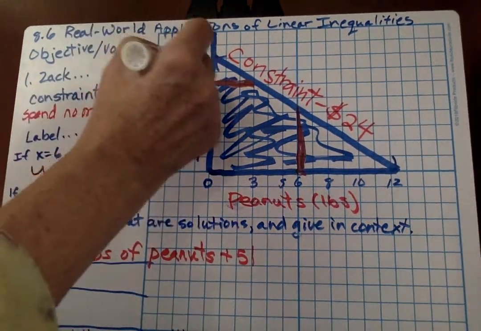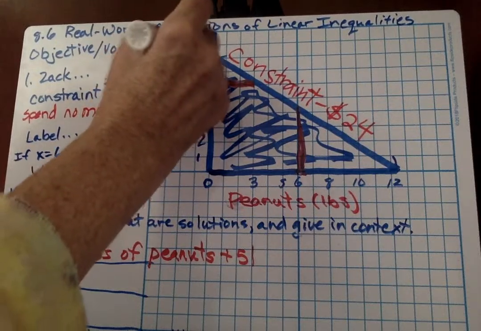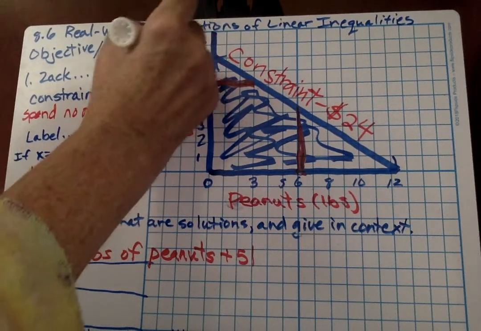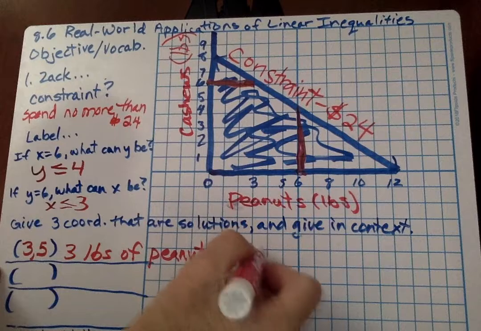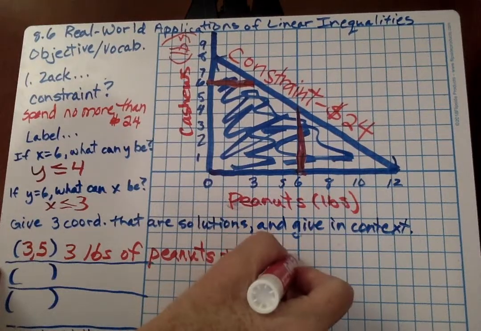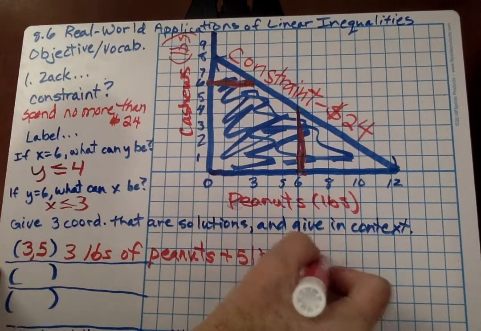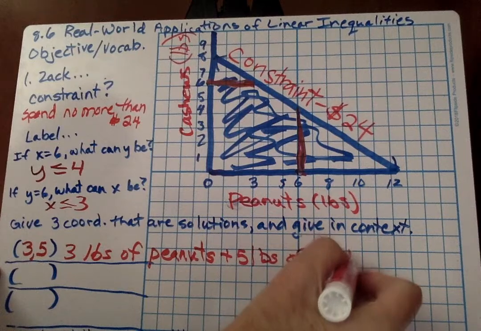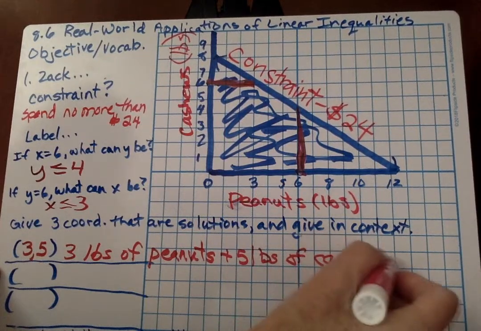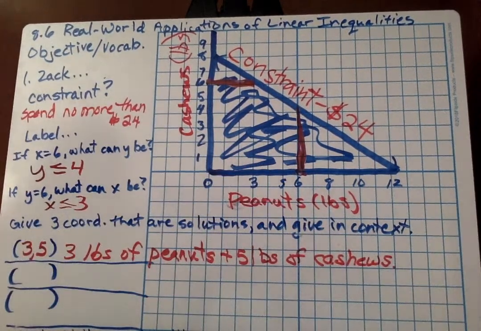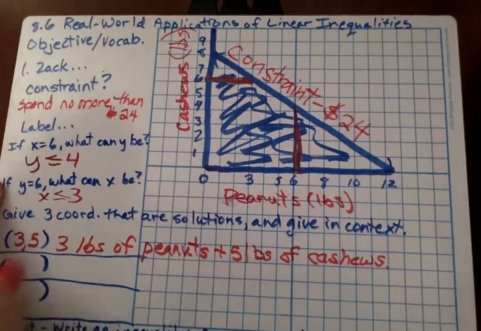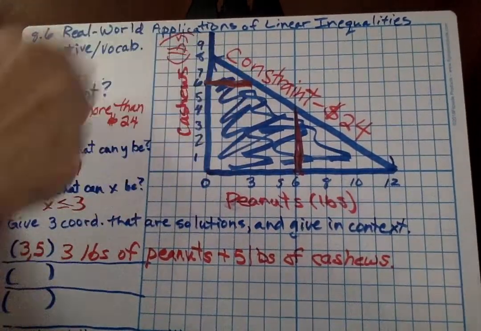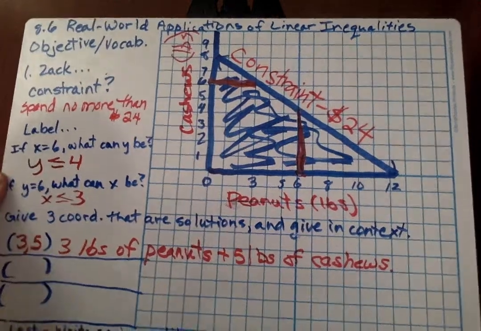Oh, I should have put pounds over here. LBS. Can you write sideways? Okay. Do you think you can do the next 2? You can pause the video and do those next 3 points. You can choose anything that's in the shaded area and write it in context.